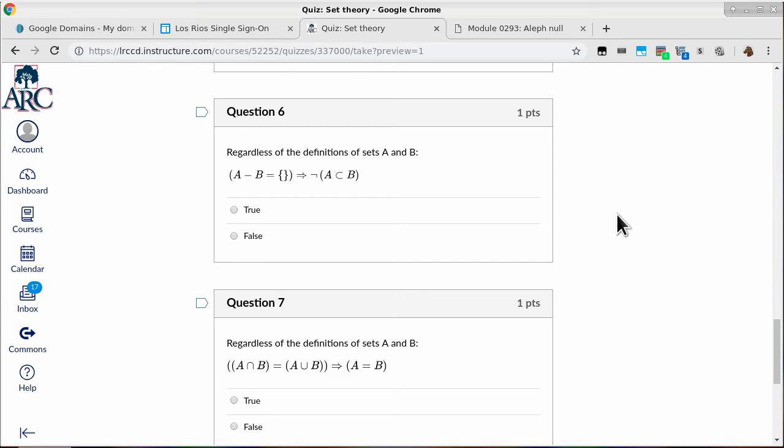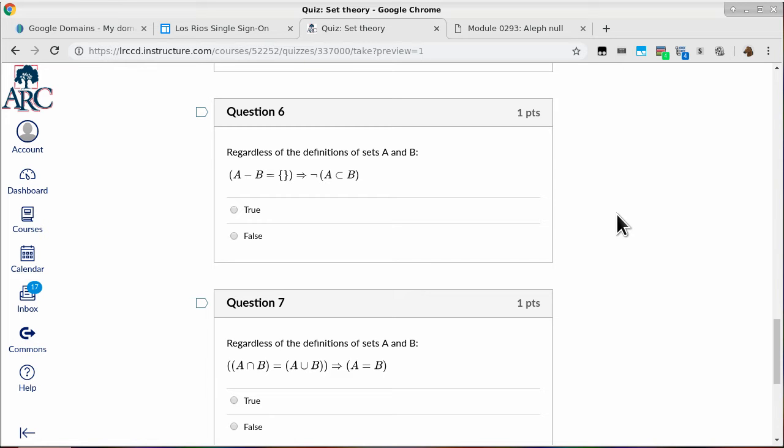Question number 6. This one you have to read in a particular way because it says regardless of the definition of A and B. In other words, no matter what I give you as set A and what I give you as set B, does the following hold true? Just being able to work out one example where I can make it true doesn't work, okay?